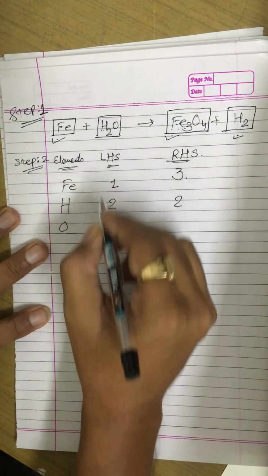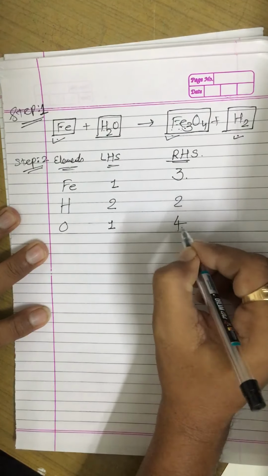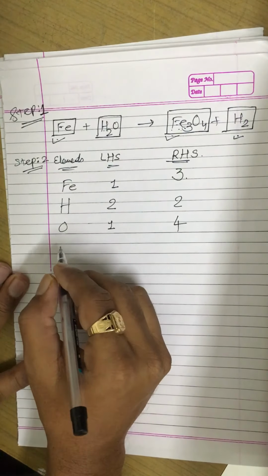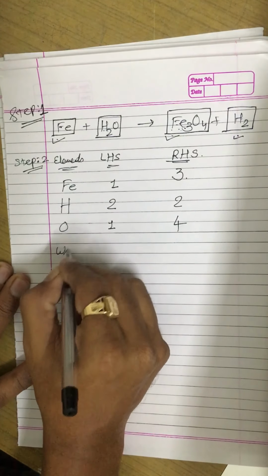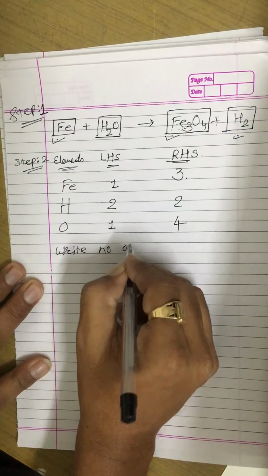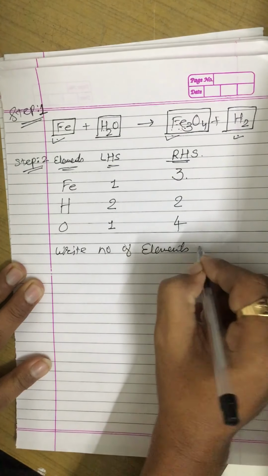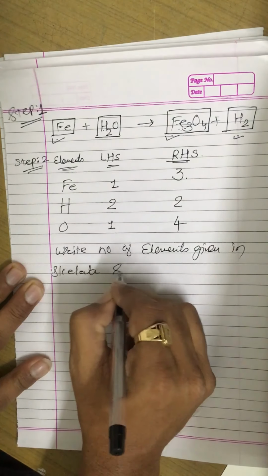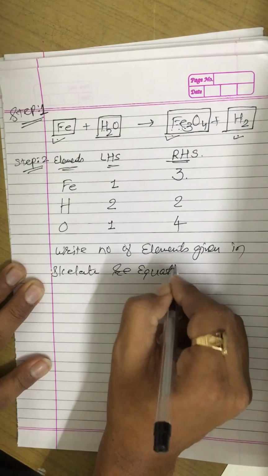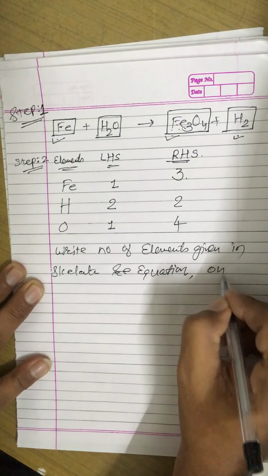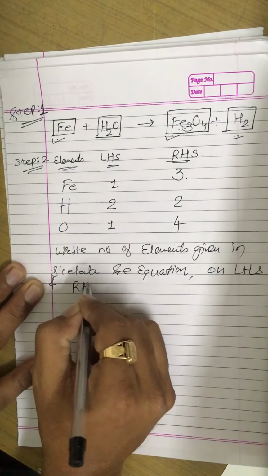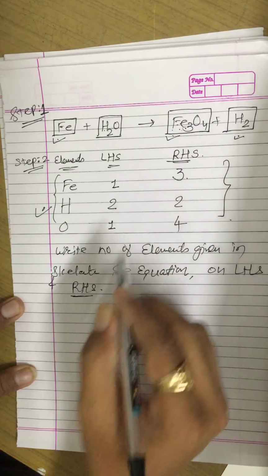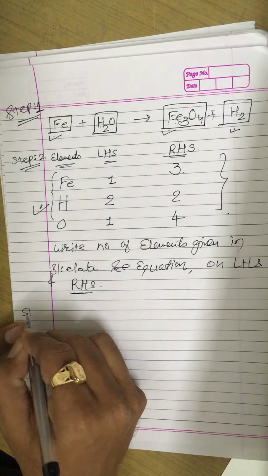Oxygen is only 1 on the left side, whereas 4 on the right hand side, as you can see. So this is step number 2. What to do in step number 2, friends? Write the number of elements given in the skeletal equation on LHS and RHS. That we have done. This is the method by which you can write it in step number 2.